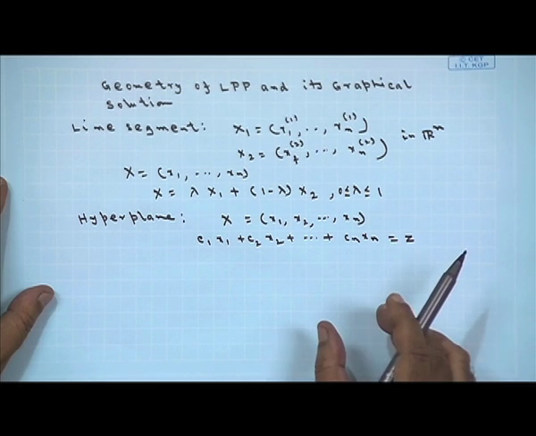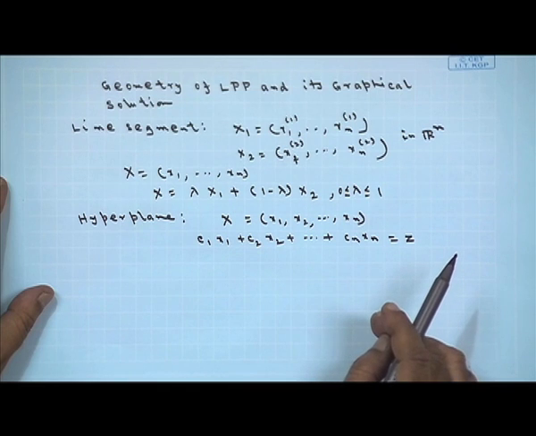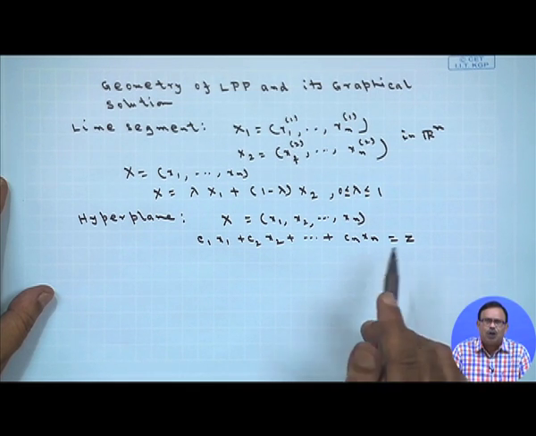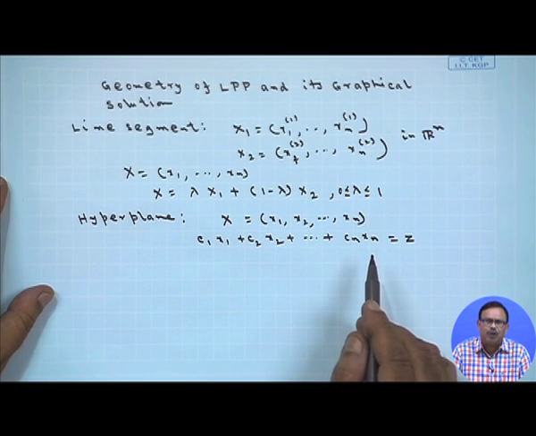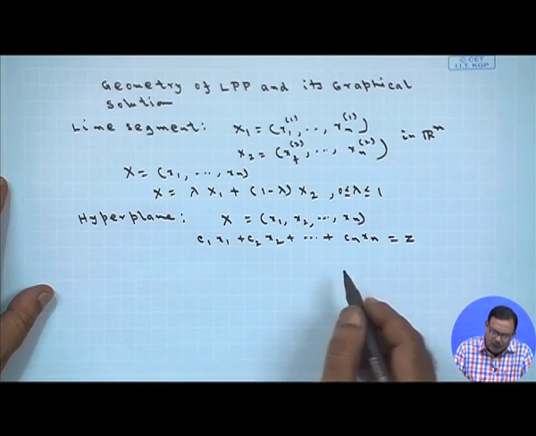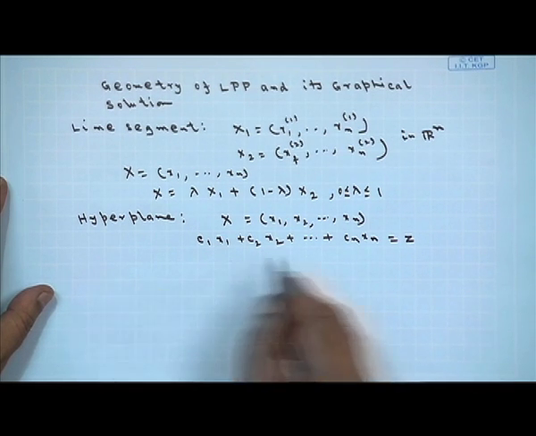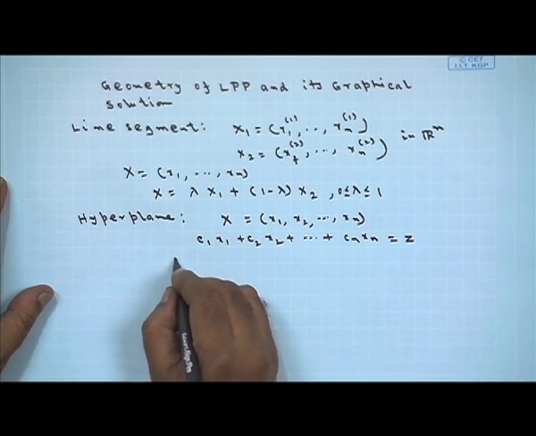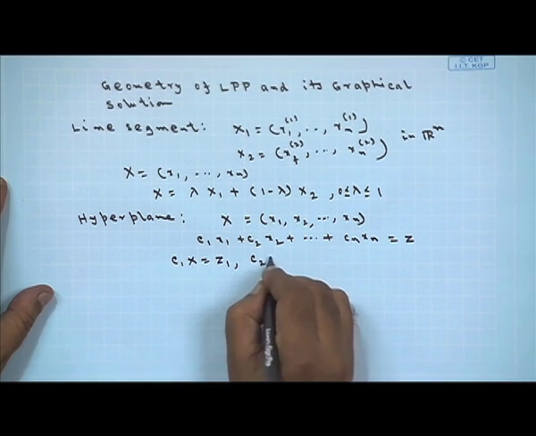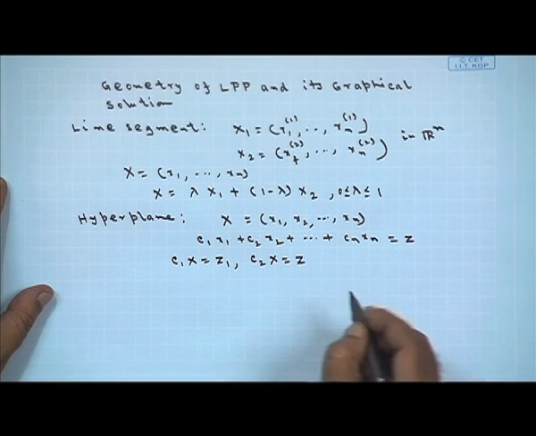In 2 dimensions, it will look like a line, and that we will see when we find the graphical solution of the problem of 2 variables. You may have parallel hyperplanes also, that is, say c1x equals z1 and c2x equals z2.